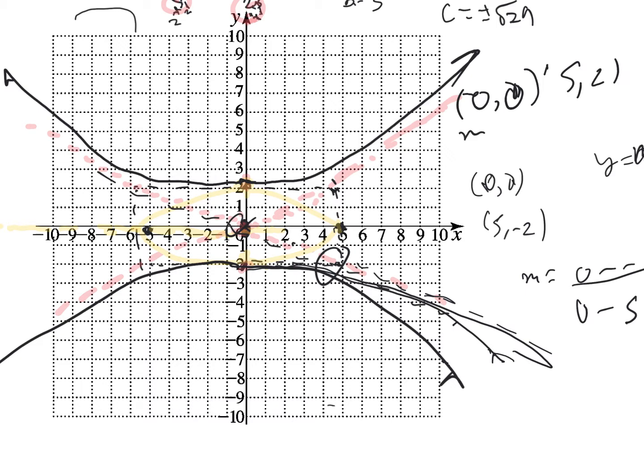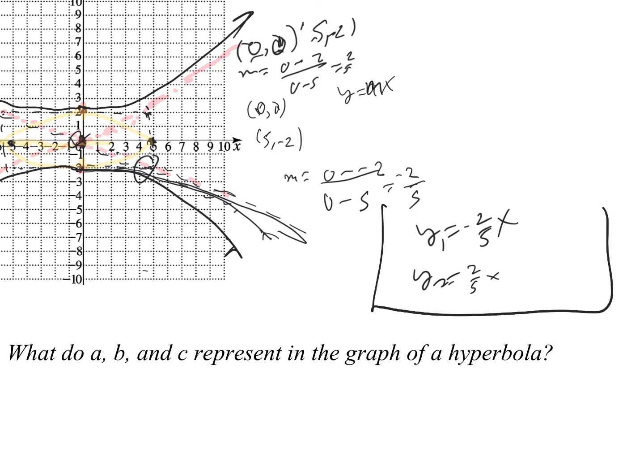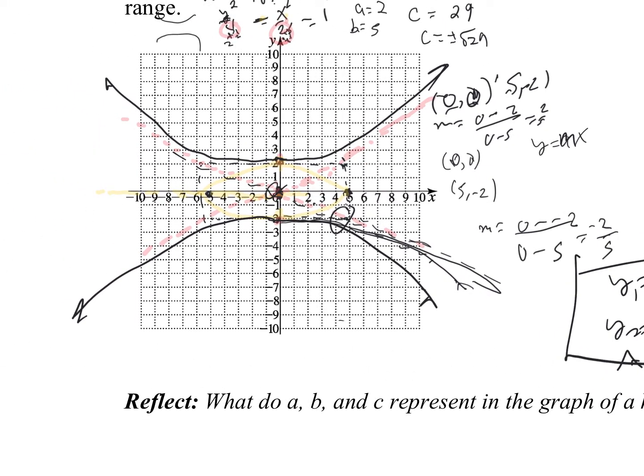Let's see what the slope is. 0 minus 2, 0 minus 5, and it becomes 2/5. Yeah, I was right. Okay, so there are my asymptotes. Label them. Asymptotes. It's harder when it's not centered at 0, 0, of course.